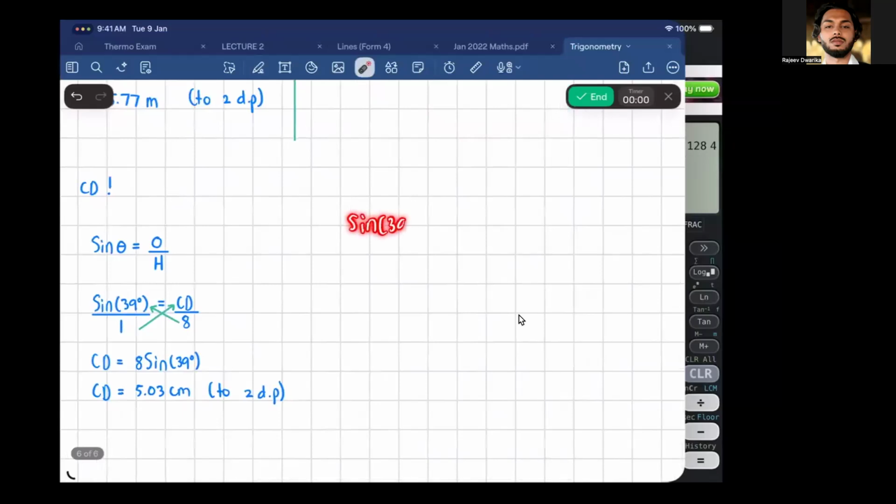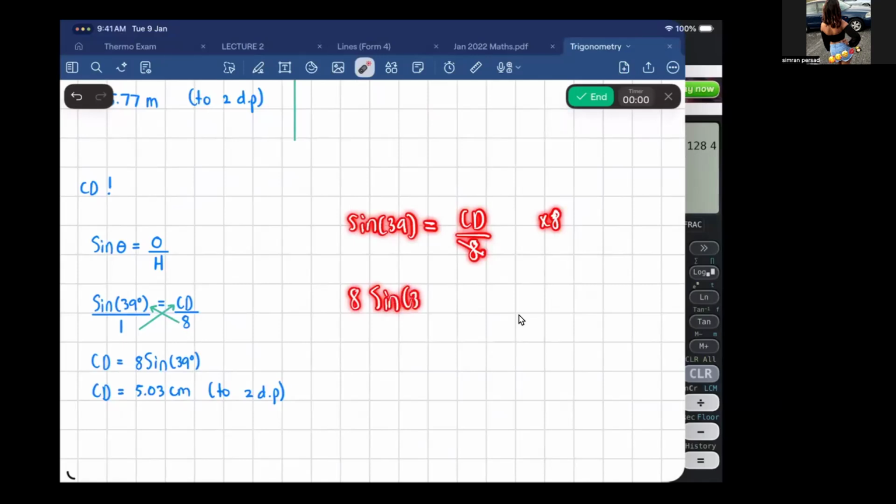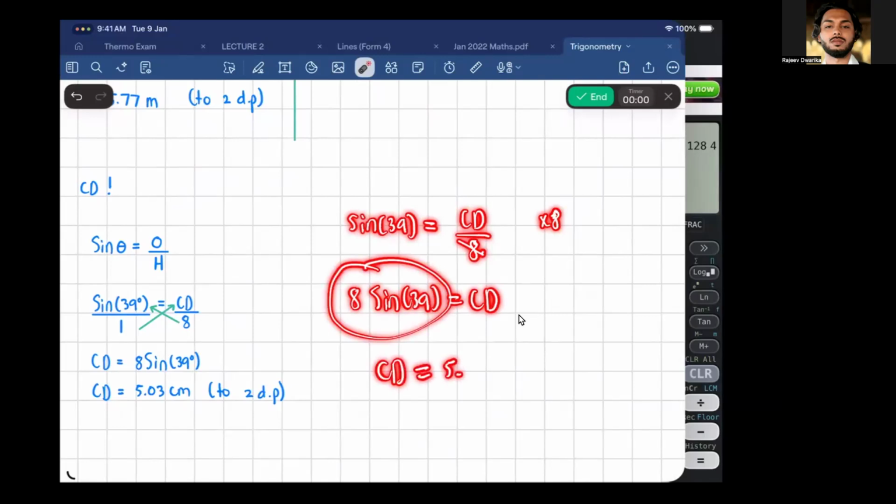So it'll be sine 39 degrees, and that'll be equal to CD over 8. So Simran, what are we trying to find? CD. All right, right now CD is being divided by 8. So what would I need to do on both sides to cancel off this 8? Multiply by 8. Right, if you multiply both sides by 8, tell me what you get. You would get 8 sine 39 equals CD. Yeah, that's it. And just plug this into the calculator and you get your answer. 5.03. That's it.